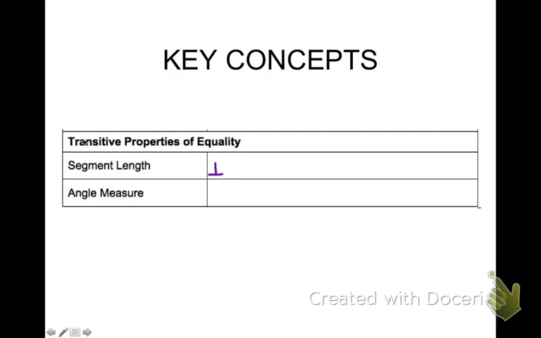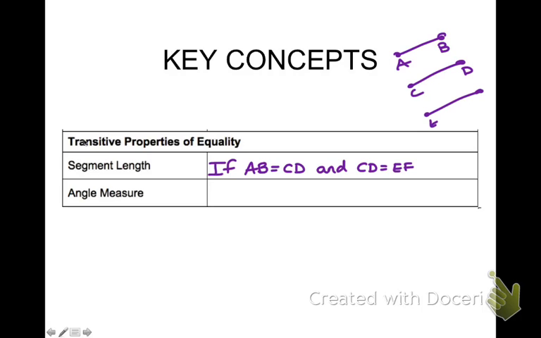So if AB is equal to CD and CD is equal to EF. Now let's think about this. I have 3 line segments occurring. I'll do it on here. I have line segment AB. I have line segment CD. And I have line segment EF.